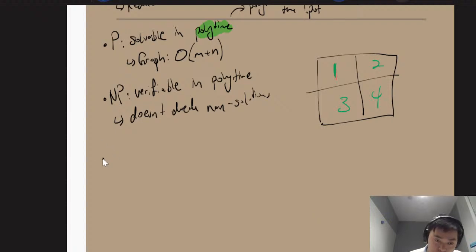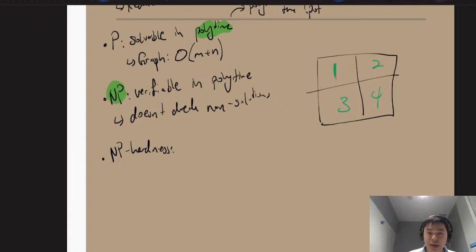Okay, so then we come to NP hardness. Oftentimes when we develop complexity theory and complexity classes, we have two types of classes. We have the base class, which is my NP class. But then on top of my NP class, I have two other kinds of classes, one of which is called NP hard, and one of which is called NP complete.